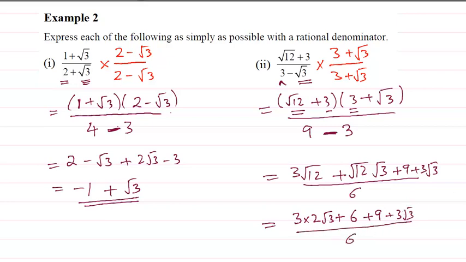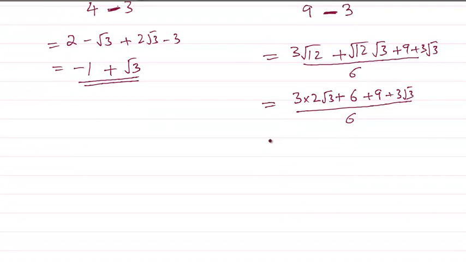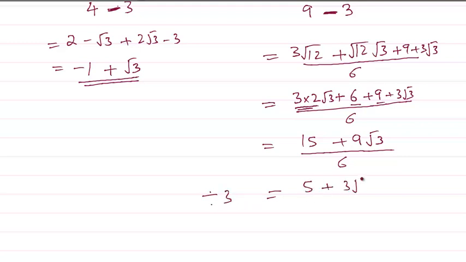Everything divided by 6. Now we can simplify the number here. 6 plus 9 is 15. And this is 6 root 3. This is 3 root 3, so that adds up to 9 root 3. And we're dividing by 6. If we divide top and bottom by 3, we get 5 plus 3 root 3. And we got 2 on the bottom.